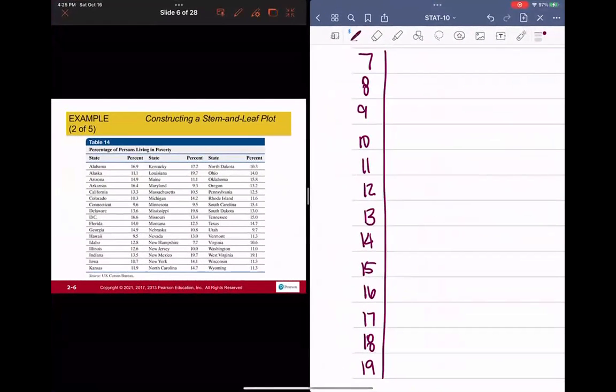Okay, so 16 and 9, 11 and 1, 14 and 9, 16 and 4. Notice that what we're going to try to do is keep it a little more organized, the first column here, the second column here. We're going to do a better job at keeping it organized than we did with the dot plot.